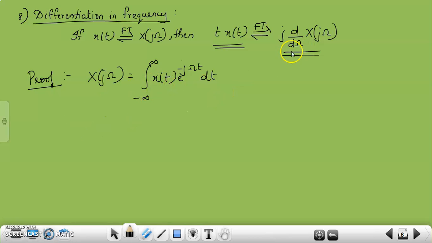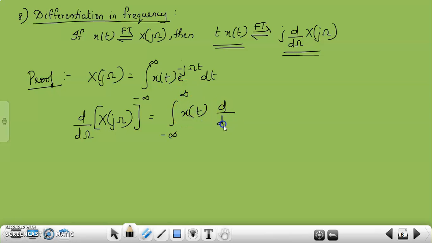Now, here you have the first differential of x of j omega. So I am taking the differential of x of j omega with respect to omega. I can write this as equal to integral minus infinity to infinity x of t d by d omega of e raised to minus j omega t dt.